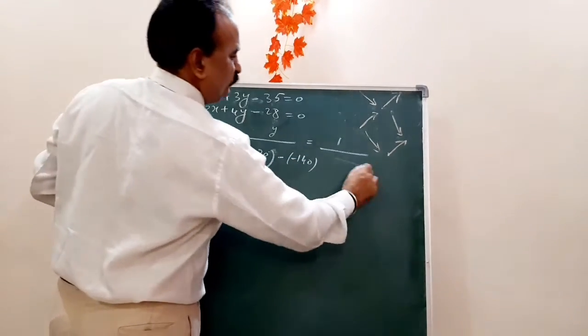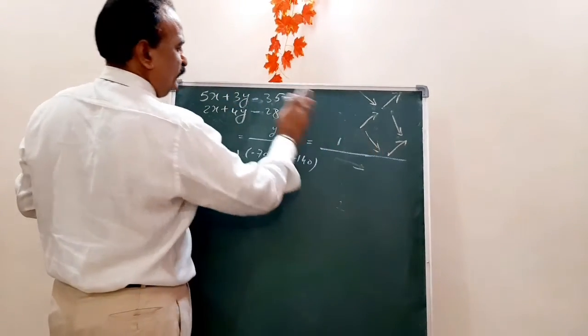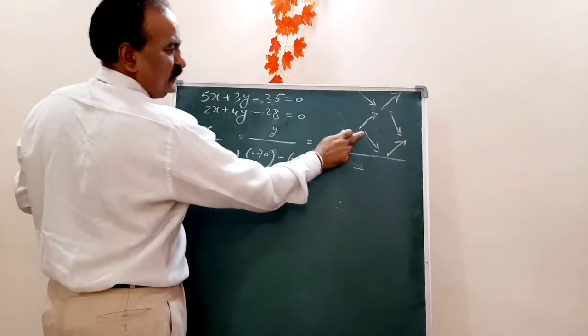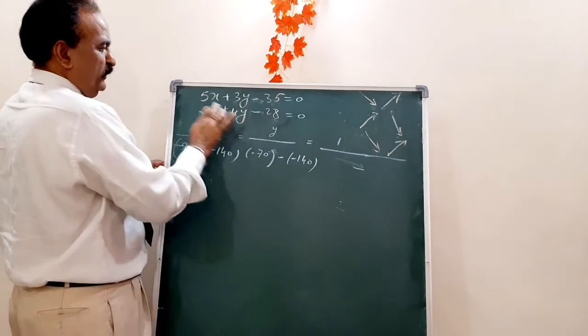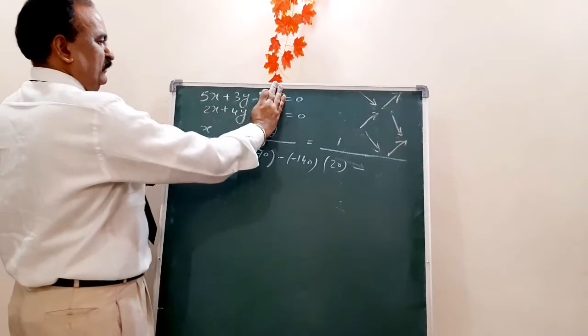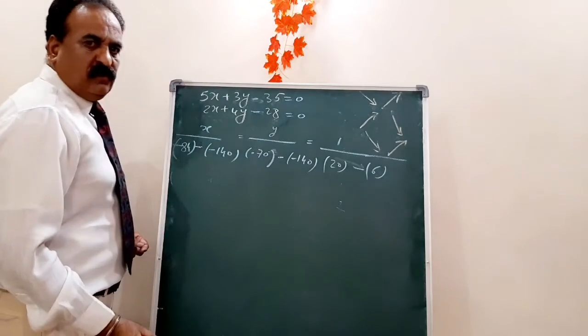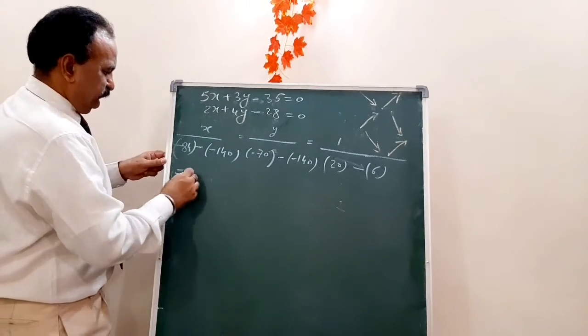Okay. Now is equal to 1 upon. Now close this. Now multiply like this: 4 into 5, 20. And this into this, 6. Okay, now you have to simplify.